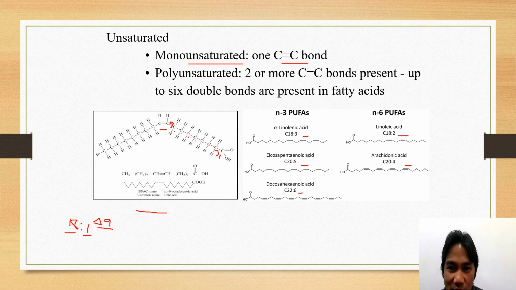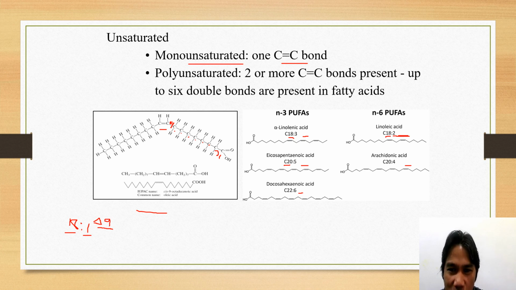You notice that linolenic acid has 18 carbons and 3 double bonds. Linoleic acid has 18 carbons and 2 double bonds. And eicosapentaenoic acid has 20 carbons and 5 double bonds, and so on.